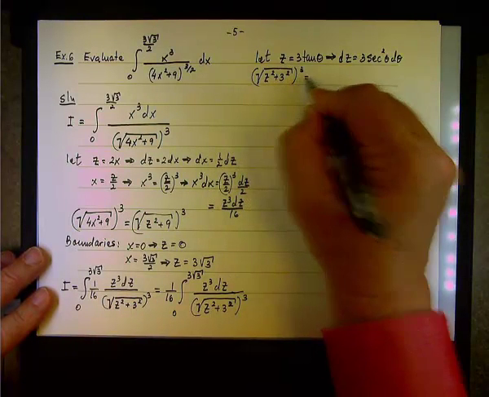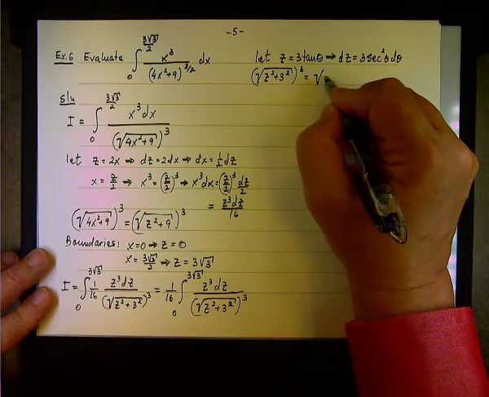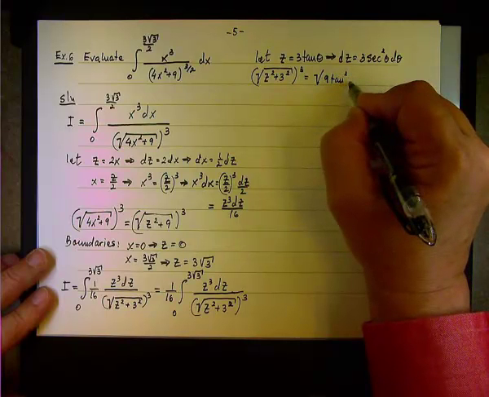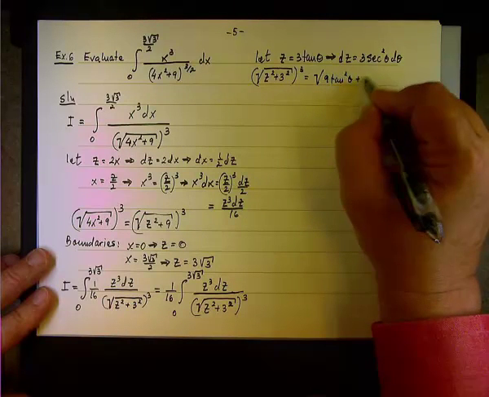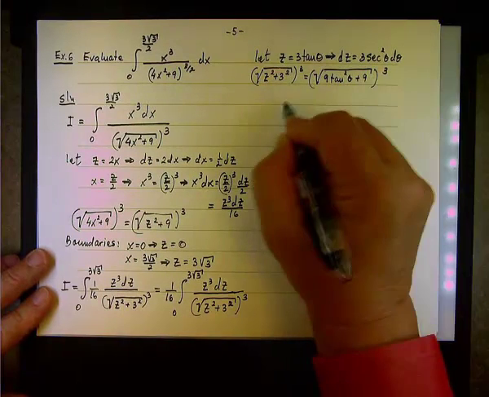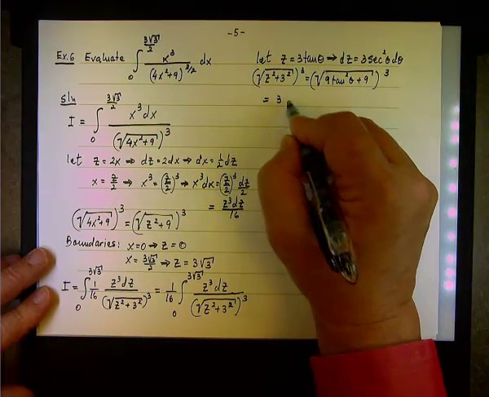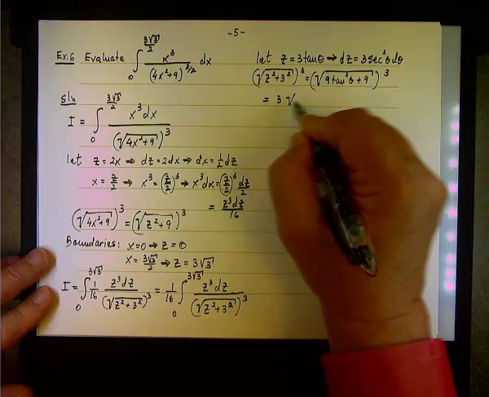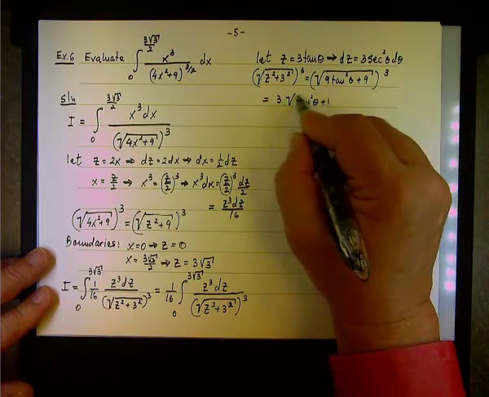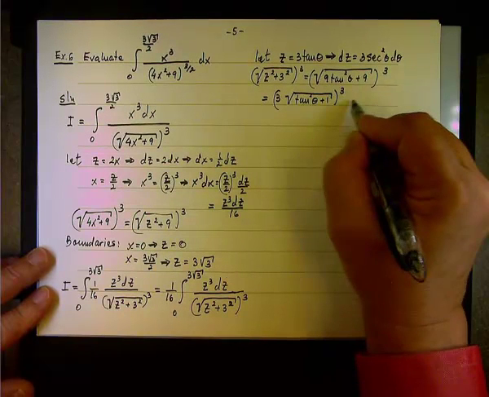After the substitution, we're looking at the square root of 9 tangent squared plus 9, all of it cubed, and you factor out the square root of 9, so you have 3 outside, and here you end up having tangent squared plus 1, which is the secant squared, but everything is cubed.